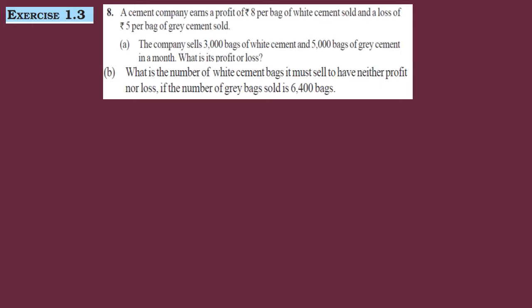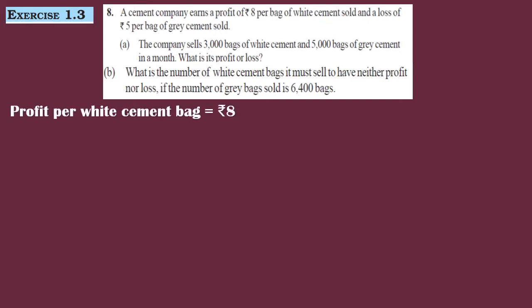But if you are buying an article for rupees 5 and you are selling it for rupees 3, then it is a loss because you are losing 2 rupees there. So when the selling price is more than the cost price, it is profit, and profit we will take as positive. And if the selling price is less than the cost price, then it is a loss, and loss is taken as negative. Is it clear?